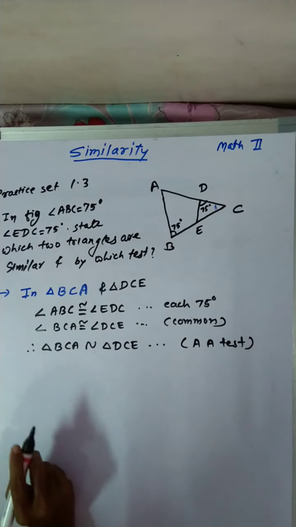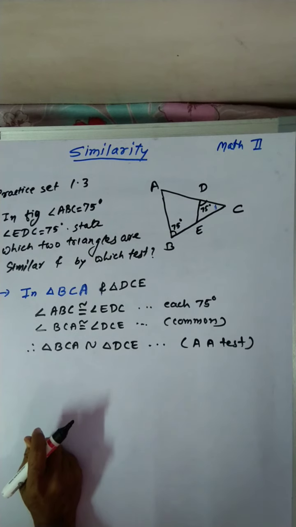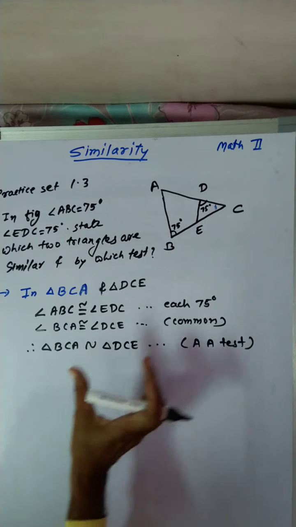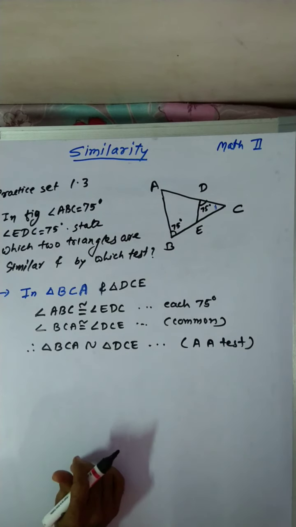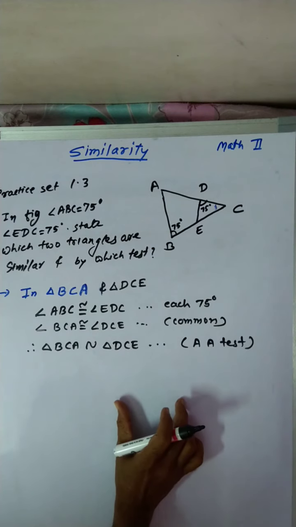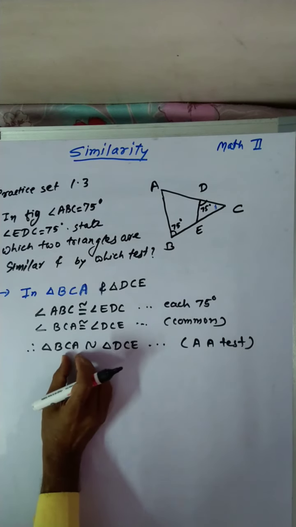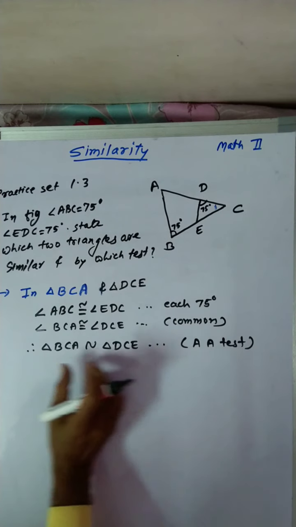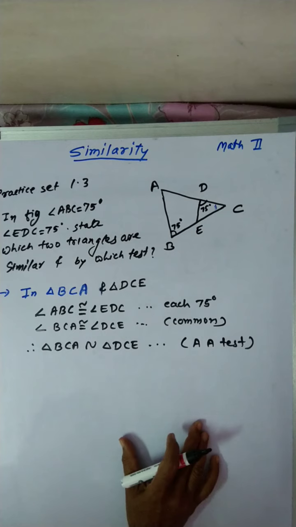Only three steps are there. Now if two triangles are similar, then for the remaining parts we can show that the sides are in proportion. That means BC upon DC is equal to CA upon EC is equal to BA upon DE, which are the corresponding sides of similar triangles.